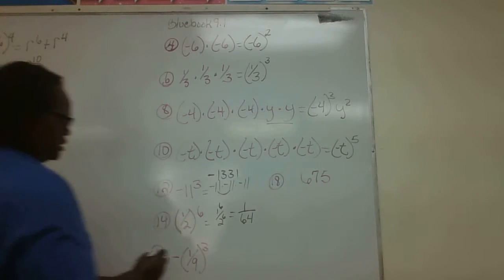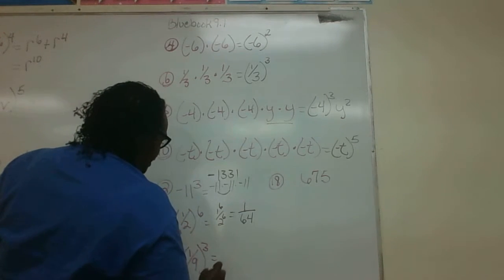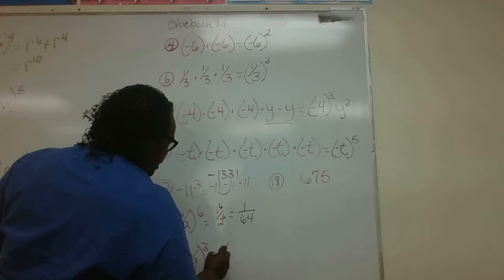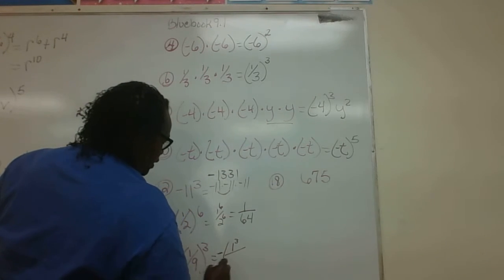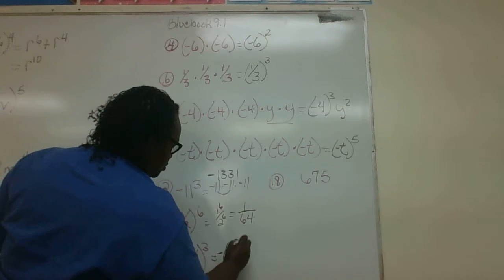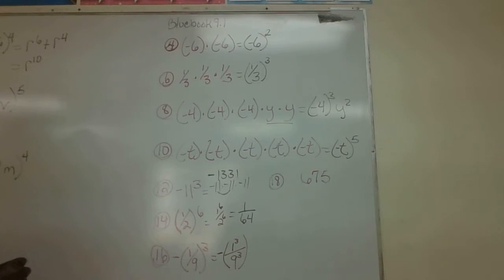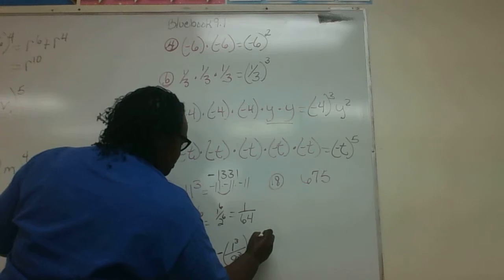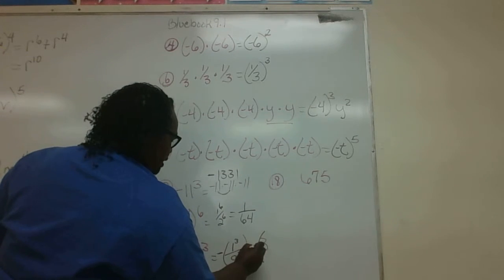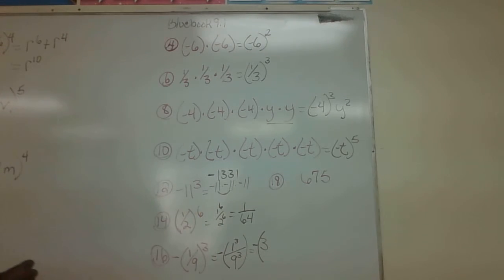Here on number 16, what we have is outside of our parentheses is a negative symbol. So that 1 is raised to a 3rd power in the numerator, and the 9 is raised to the 3rd power in the denominator. So that 1 raised to the power of 3 is going to be 1, no matter what we do, okay? And still keep the negative on the outside, all right?